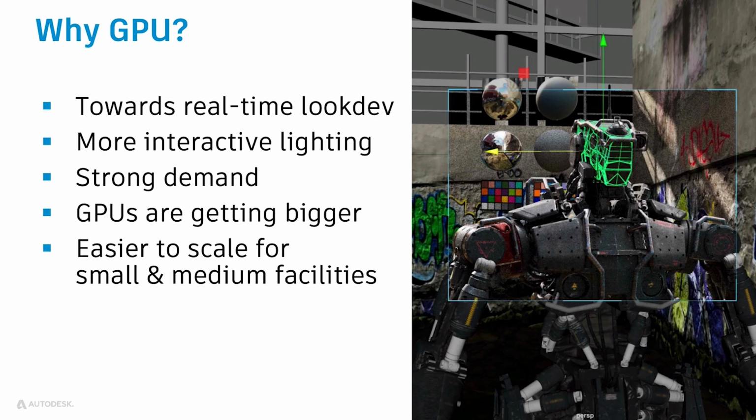If you go for the top of the line with 2 RTX 8000, you have access to 96 gig of VRAM, and this is starting to look good for production rendering. And for small and medium facilities, scaling using GPUs can be easier because of the space it takes and the energy.